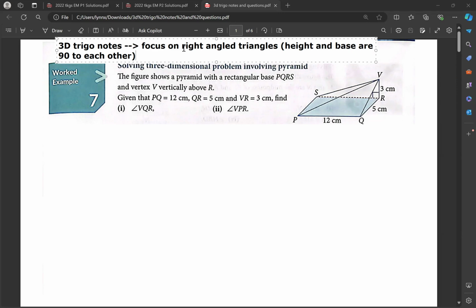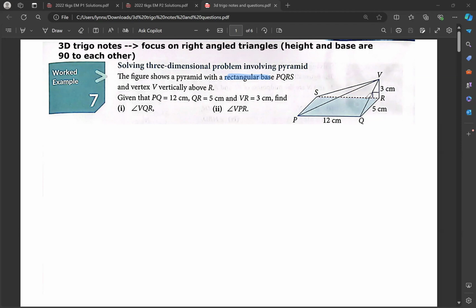I would want to draw out my right-angled triangles separately. Right now, can you see they say that a pyramid has a rectangular base? Rectangular base, which is the one in blue, which is here. I already marked it. This is the one in blue. We don't need to highlight that, so don't do it. I'm just showing you guys only.